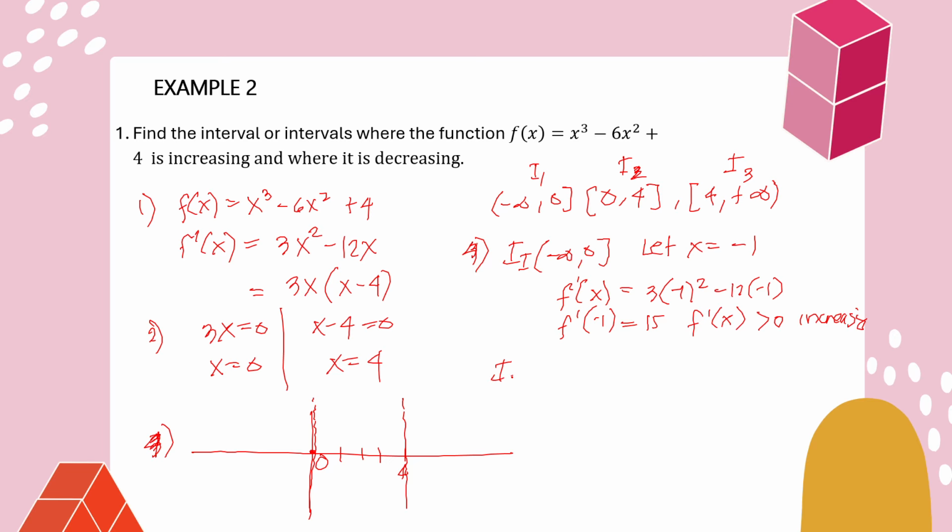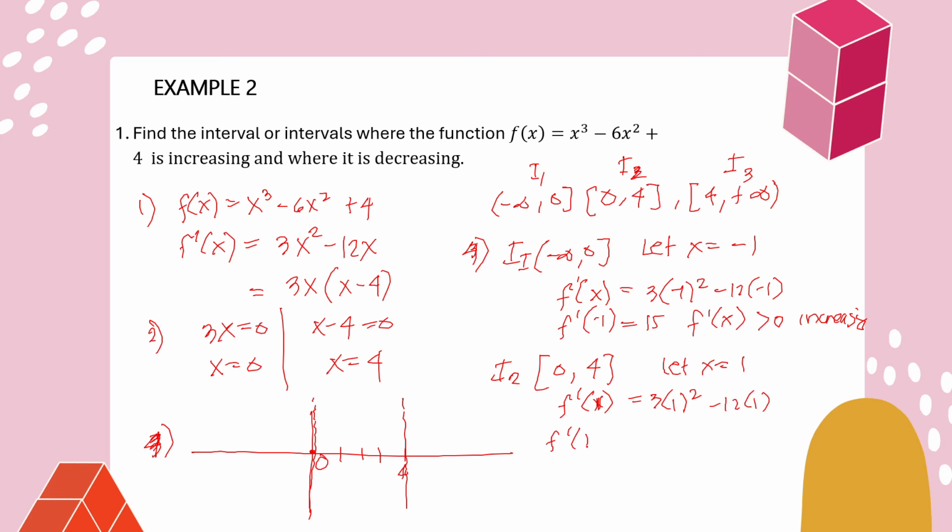And we have here interval number 2, that is 0 to 4. So let x be equal to 1. We can substitute the value x is equal to 1 in the first derivative. That's 3 times 1 squared minus 12 times 1.